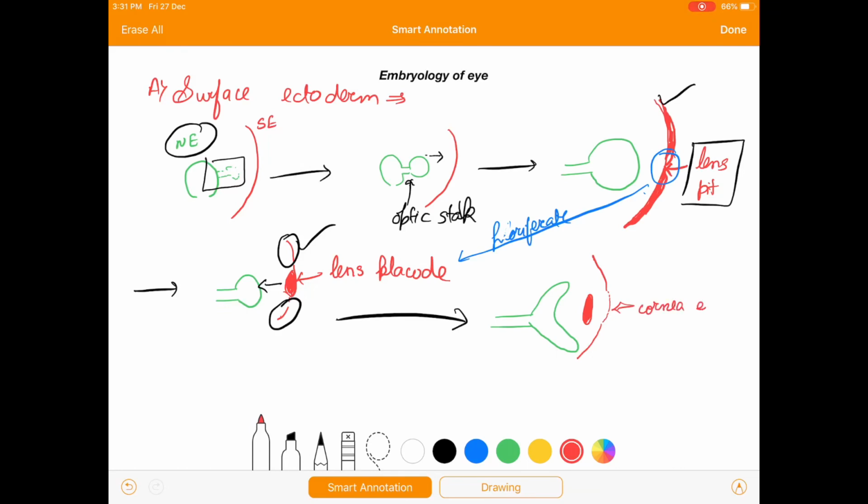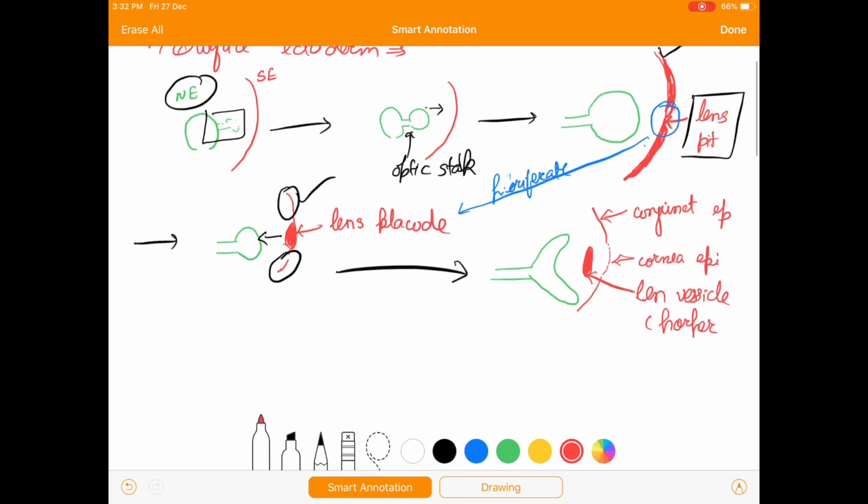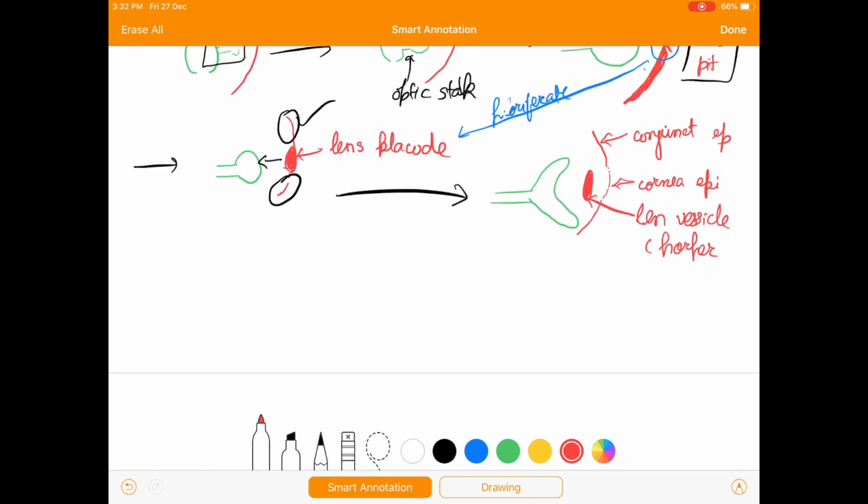Corneal epithelium, conjunctival epithelium, and lens vesicle, or you can call it the lens proper. So after understanding these diagrams, let us move towards the list of the structures from surface ectoderm.